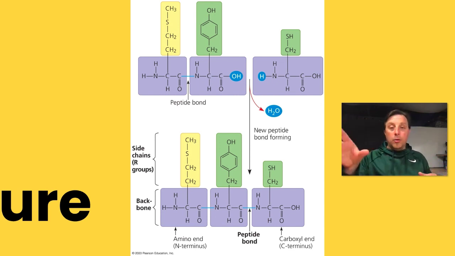OH group on one amino acid, hydrogen on the other amino acid, coming together, water comes out, and now these two amino acids are joined together by this covalent bond, referred to as a peptide bond. Okay, we're going to see this dehydration reaction in every single molecule here.